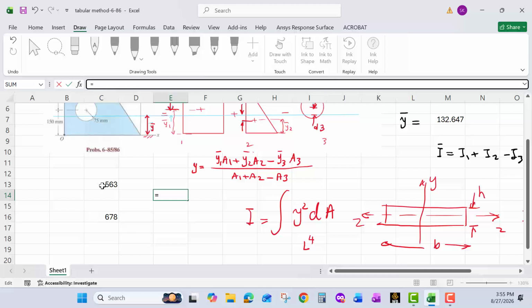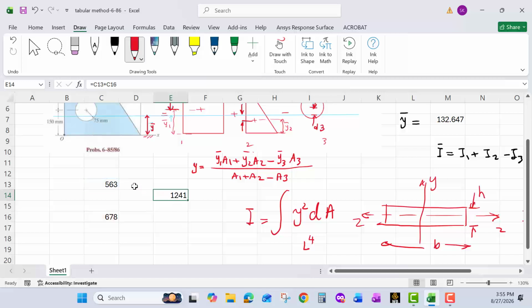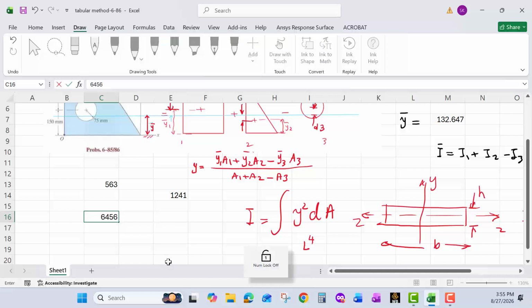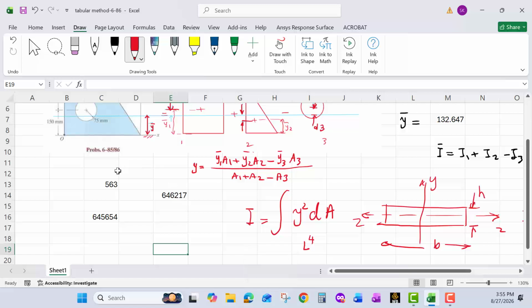Then instead of keying in the numbers, I click on the first cell, which appears here, type plus, and click on the second cell. Now if I confirm, that becomes the sum of these two numbers. Whenever I find a mistake and rectify a number, the sum is automatically updated. That is the second advantage of using Excel as a calculator, as a formula book for similar kinds of calculation.